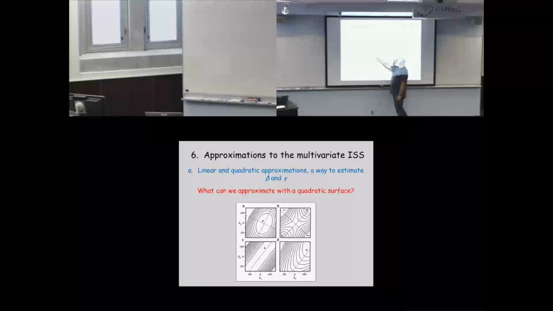A very slight change can not only convert a bowl into a dome, but it can also flip you from here to here. And so in general, there are two ways to interpret the surface from the coefficients. One way is to just plot it. Just give it to R and say, hey, draw me a picture of this surface.